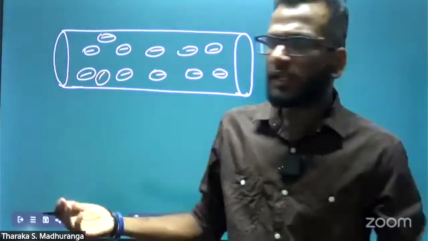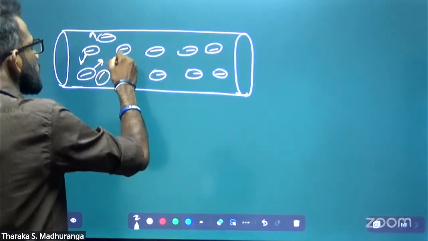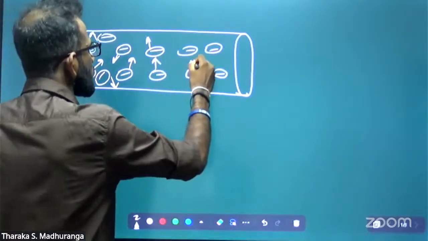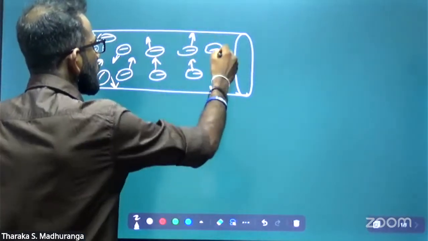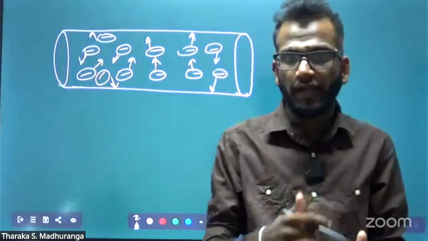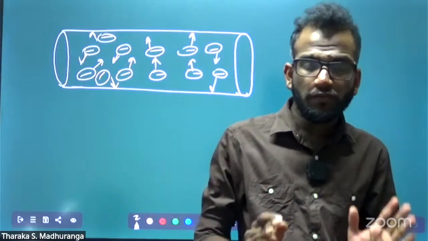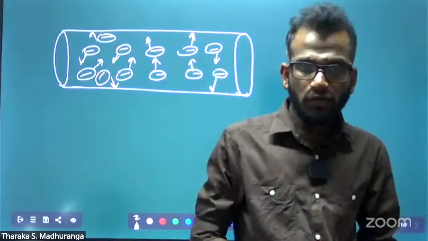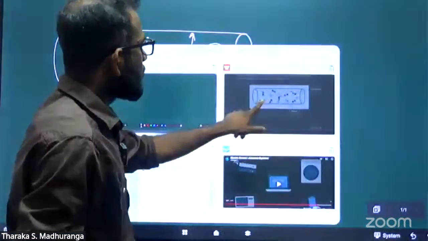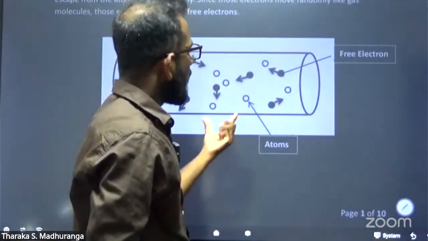They are freely available without any direction. They are moving randomly, like this, no specific directions. They are free electrons, with no attraction to the nucleus. Freely available electrons. Understood? Freely available electrons.